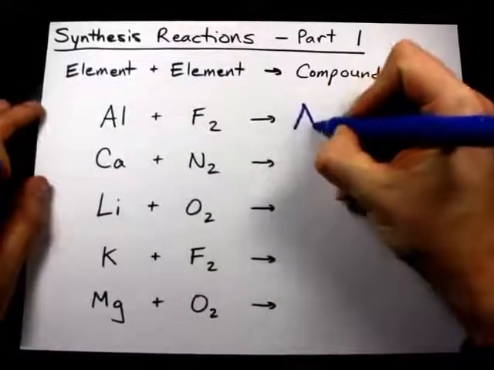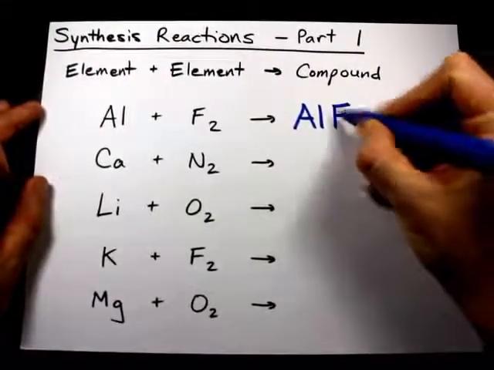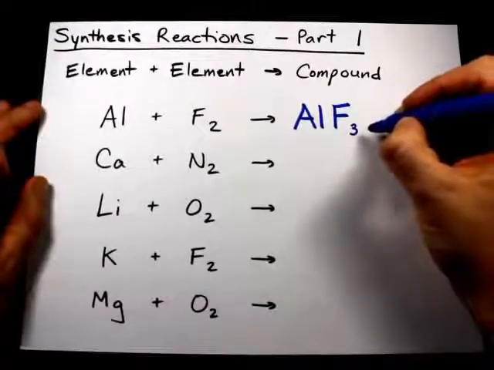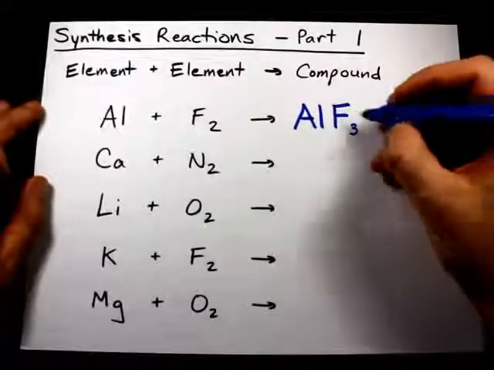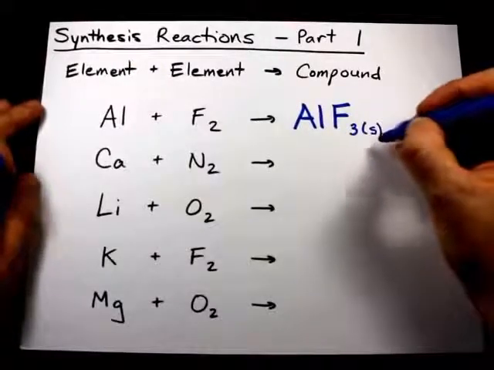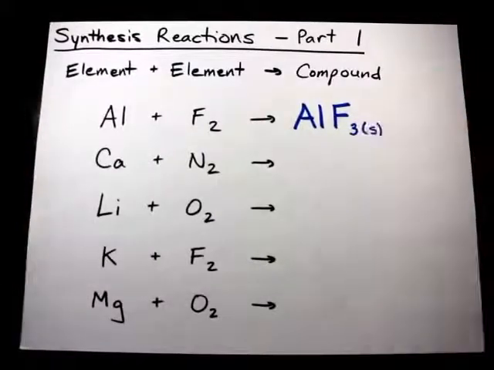Aluminum 3+ and fluorine 1- crisscross the charges to make AlF3. This is aluminum fluoride. All ionic compounds are solids at room temperature, and so you can safely put S, solid, for the state symbol here if your teacher requires that of you.